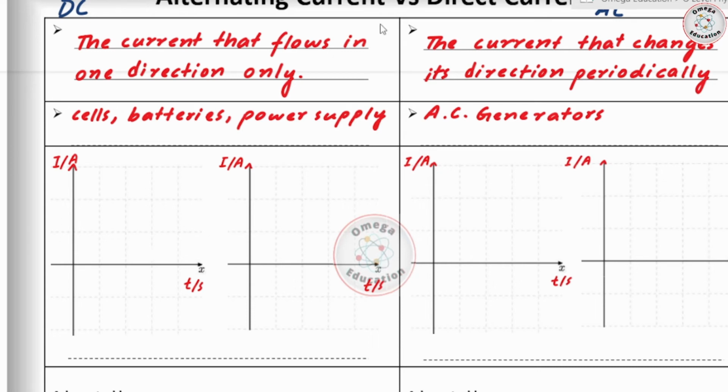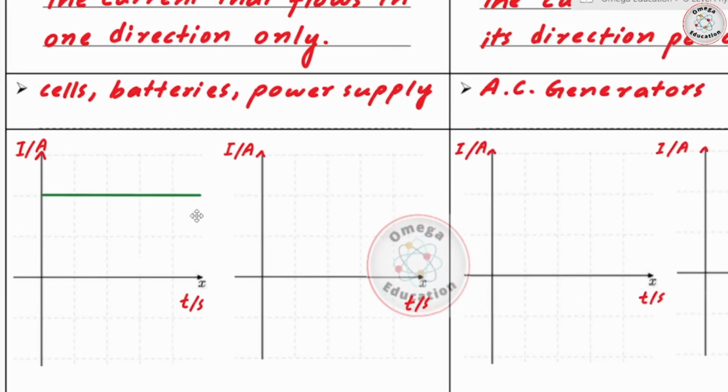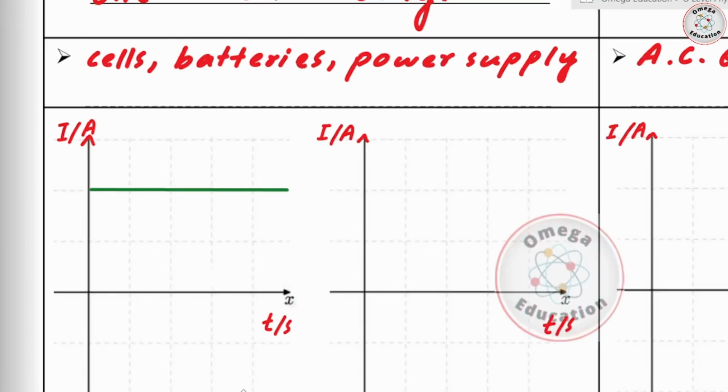If I draw the graph of direct current, it might look something like this. It would be a straight line like this. This one represents direct current. So if I assume that one block, I don't know how clear the block is, but one block is from here till here, these are separated by small dotted lines.